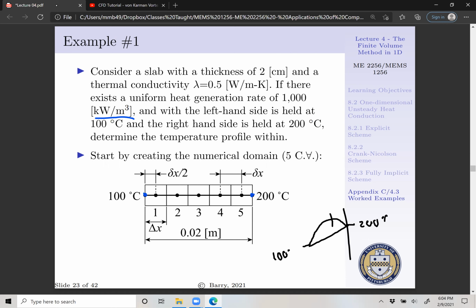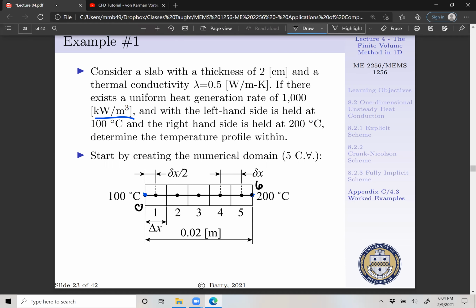So what we're going to do is set up a really simple 5-cell stencil where we have our nodes 0, 1, 2, 3, 4, 5, 6. We're going to assume our delta X is constant for each cell, and delta X is the spacing in between each cell. So let's jump into this.